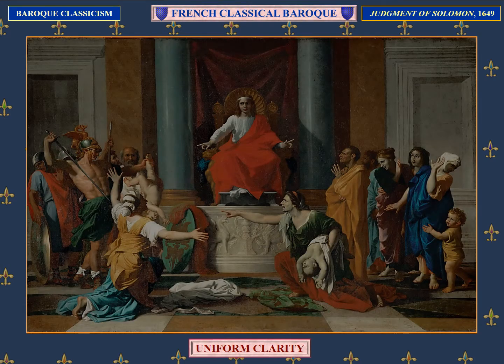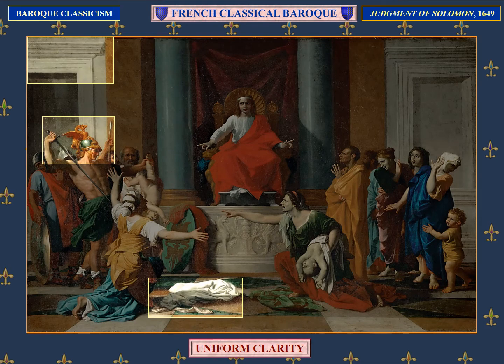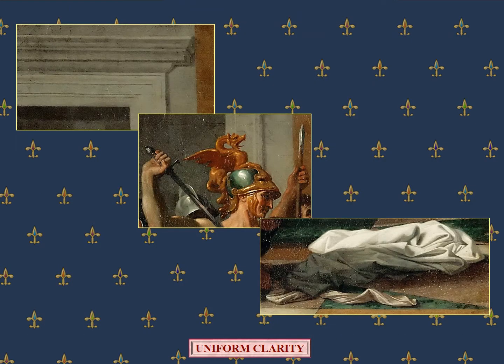And uniform clarity. Look, I'm going to highlight 3 areas: background, midground, and then the foreground. Come up closer, and they are all given equal attention, equal description. That's the uniform clarity. Nothing is suppressed visually from the viewer.